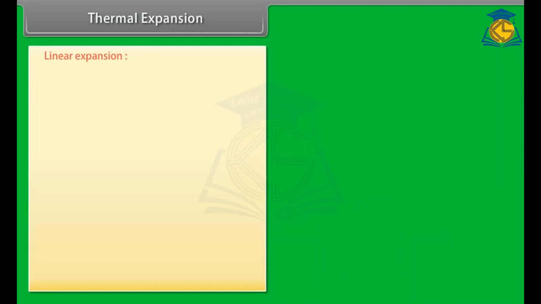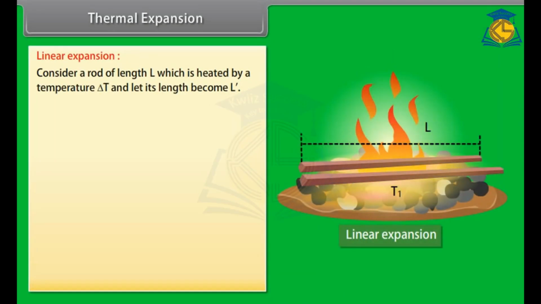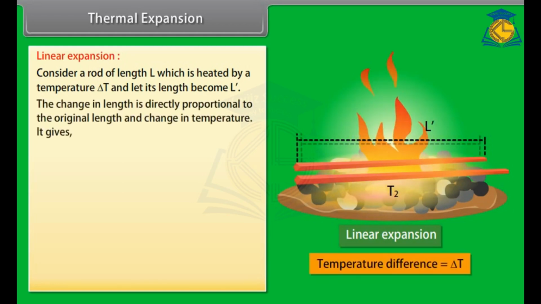Linear expansion. Consider a rod of length L, which is heated by a temperature change delta T, and let its length become L'. The change in length is directly proportional to the original length and the change in temperature.